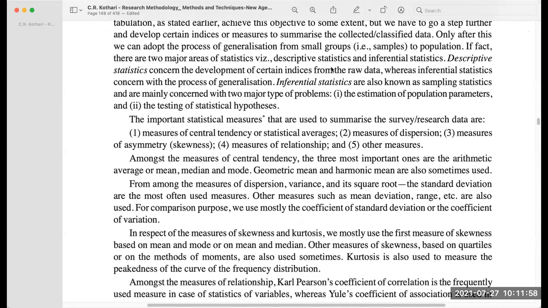For the dispersion, we have variance, standard deviation, and range, etc. These are the measures to measure the dispersion, how data is dispersed, how much spread there is, right?